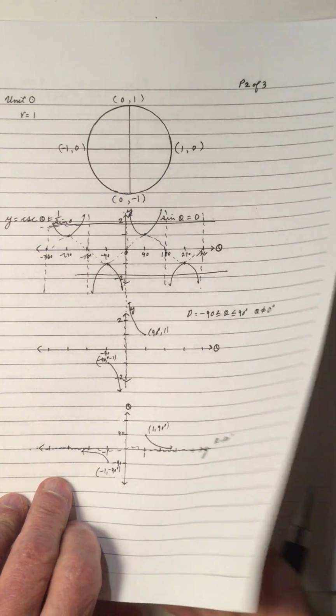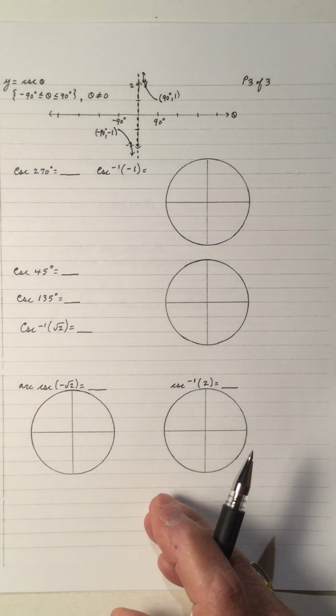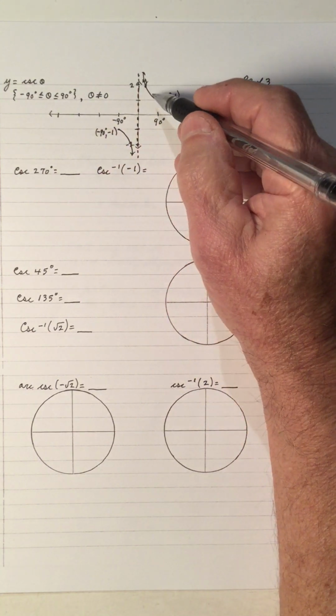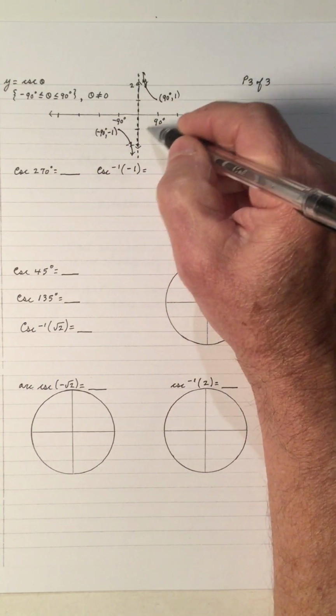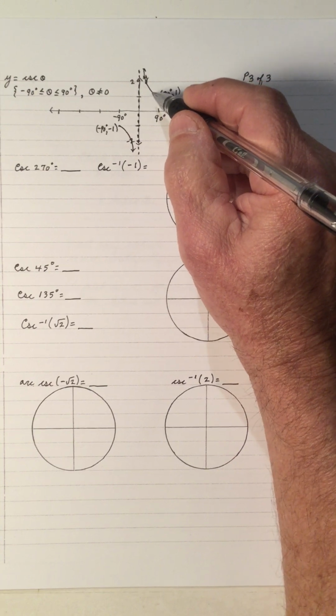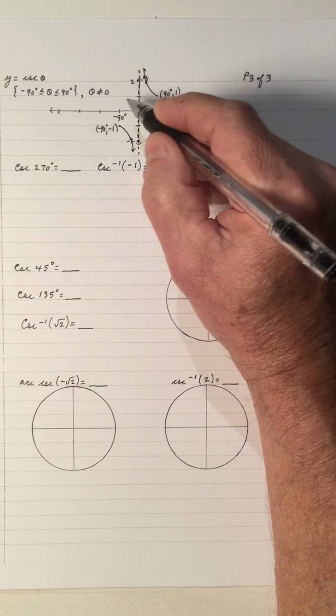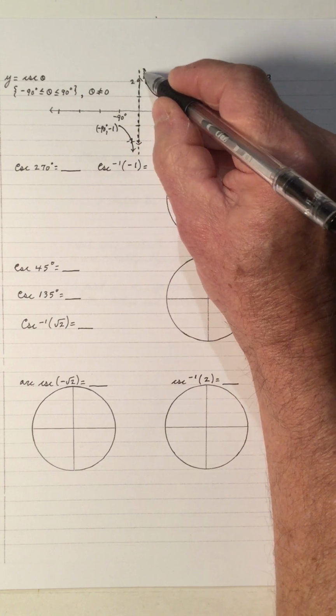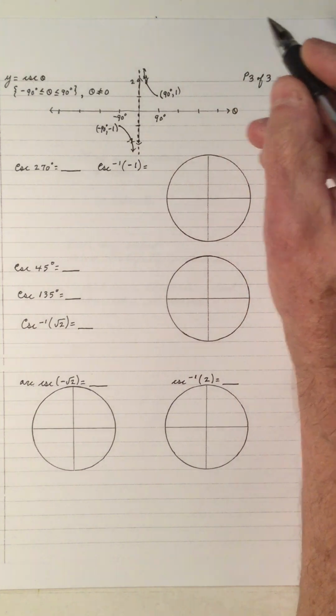Let's do some examples. I've drawn the cosecant graph showing where the restrictions are, because it's easier than drawing its inverse. It's restricted from negative 90 to 90, going up on one side and down on the other.